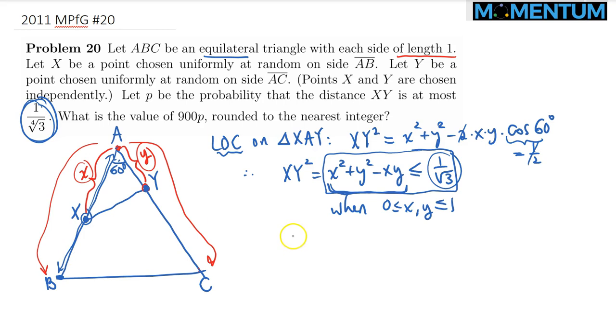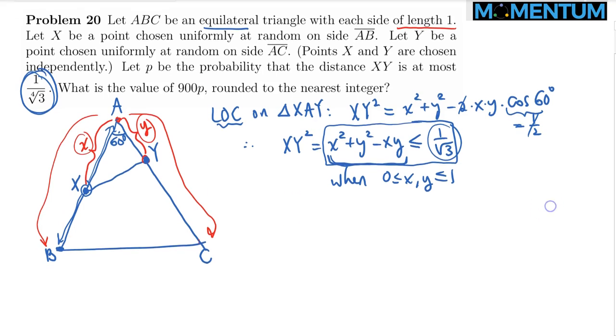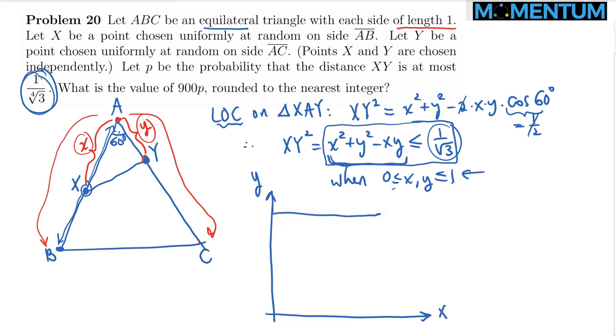So this is a geometric probability problem, because we can draw the coordinate plane with x and y. Obviously x and y live inside this square with corners at 0 and 1, just like any geometric probability problem.